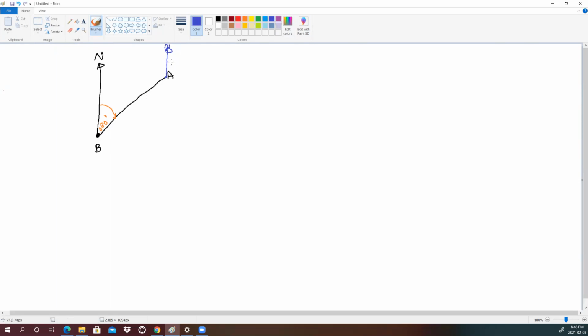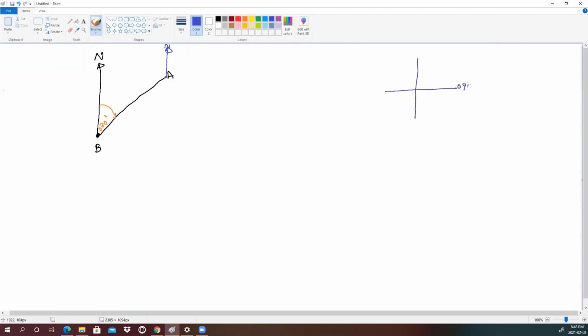Everybody see why I do that? Because the question said the bearing of point C from point A is 120 degrees. So now point A is my new point of reference, and the bearing of this new point C from A is 120.